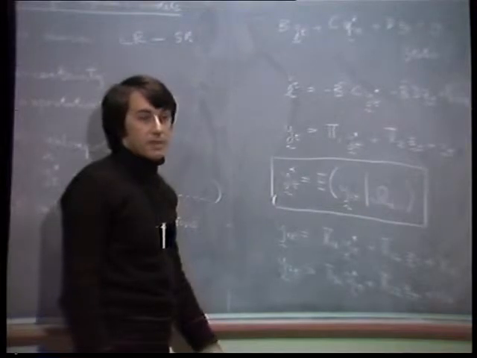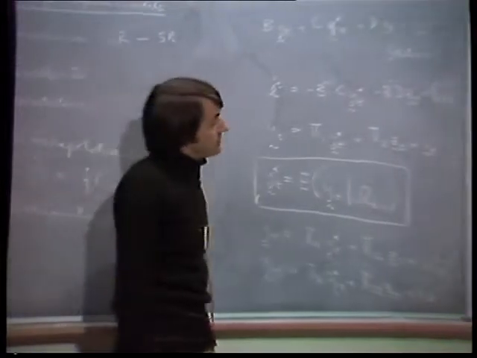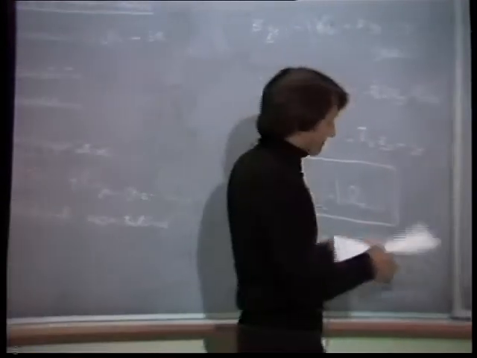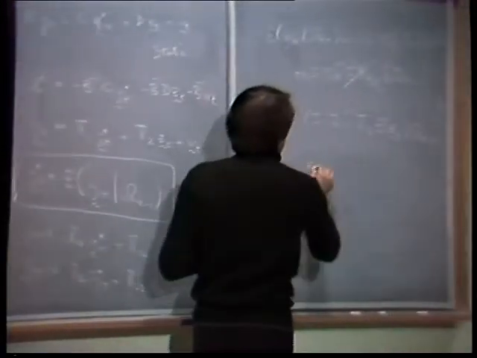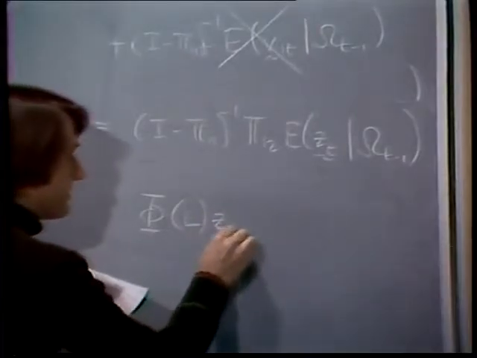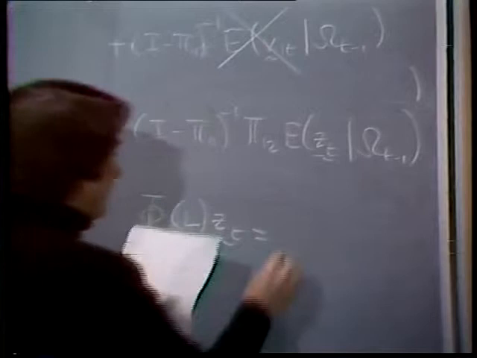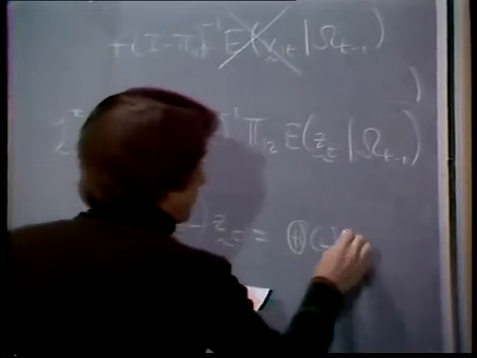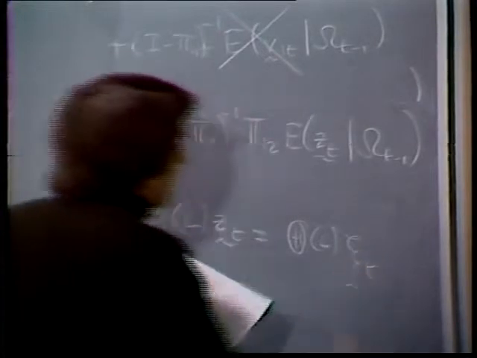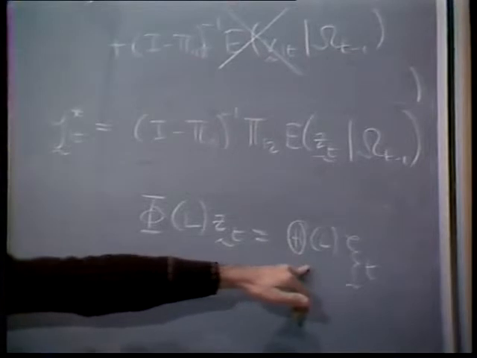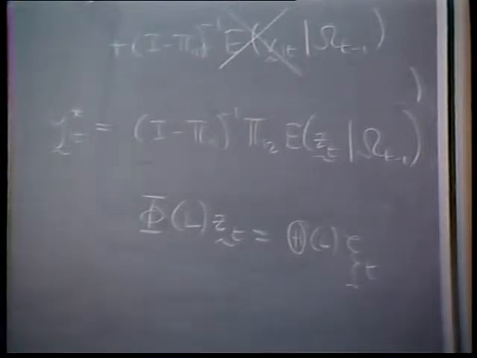In other words, a purely time series process which embodies no structural information. So that we might now assume that we have a vector autoregressive moving average process generating the Zts.